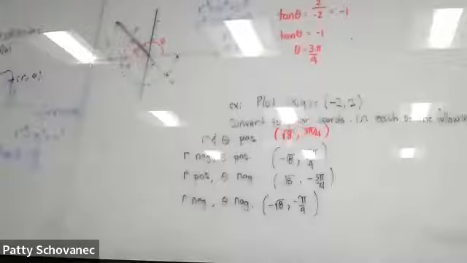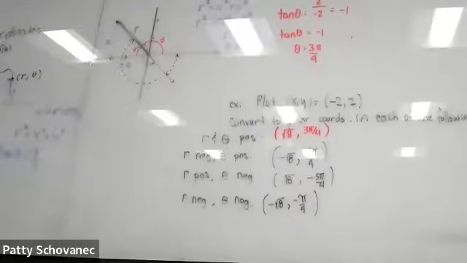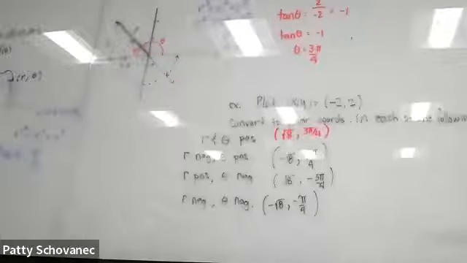More examples. Like, I kind of got it, but I'm just going to practice. Okay, do you want to go rectangular to polar or polar to rectangular? Rectangular to polar.